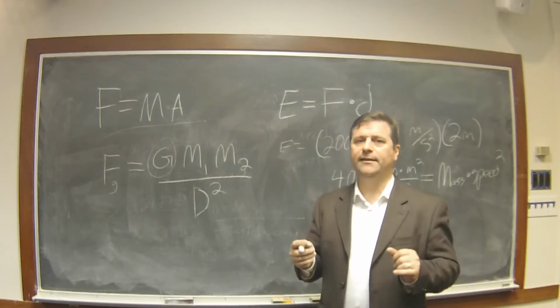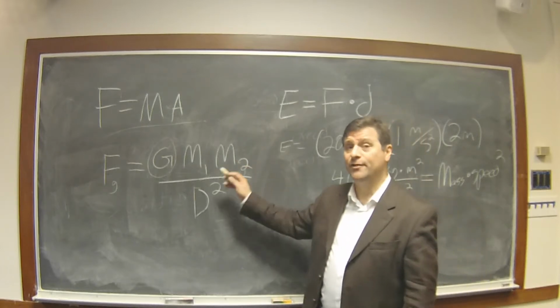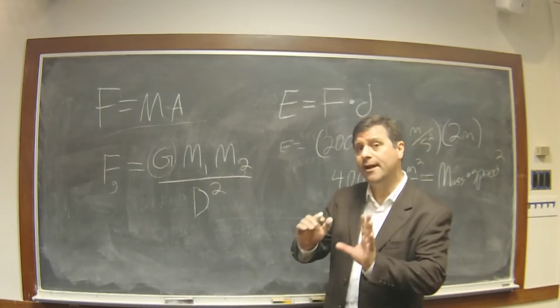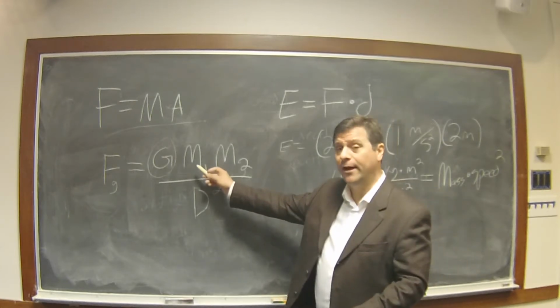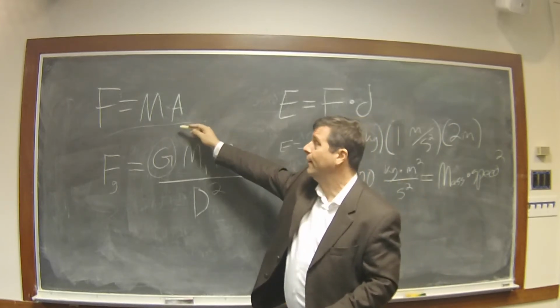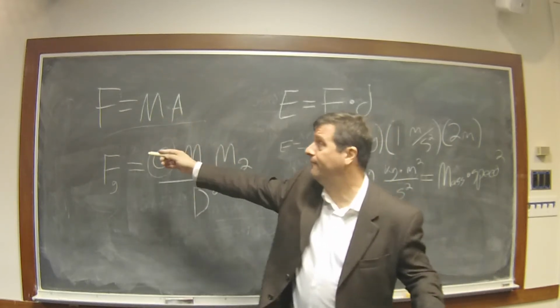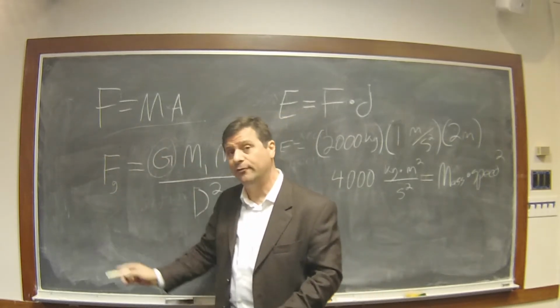But in everything in science, no matter what we do, we must associate with every number we measure what it is we're measuring. We're measuring kilograms, we're measuring meters, we're measuring meters per second squared, we're measuring pounds of force. A pound is a unit of force, which is the gravitational force.